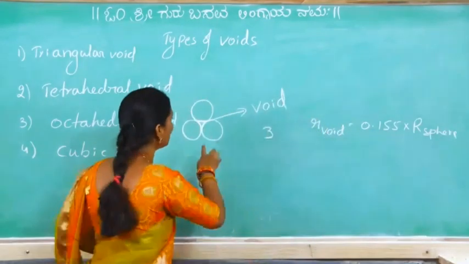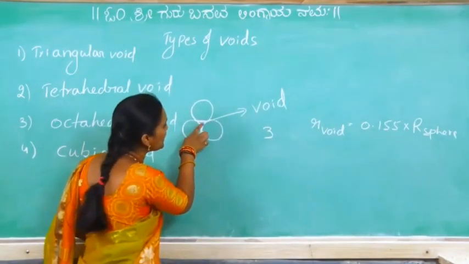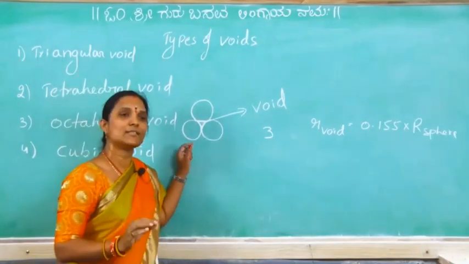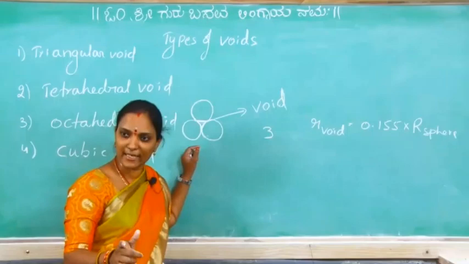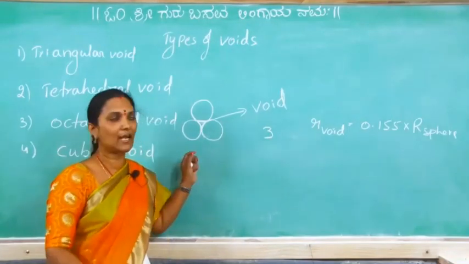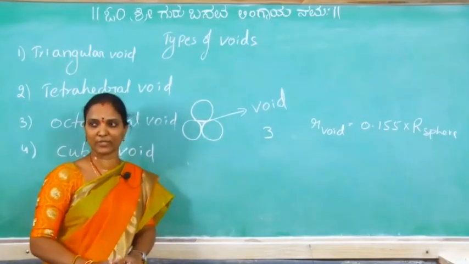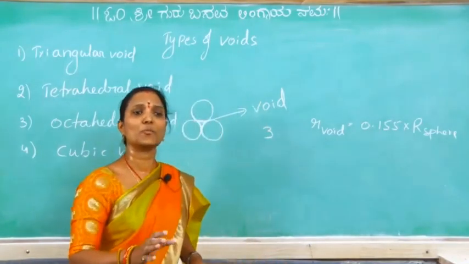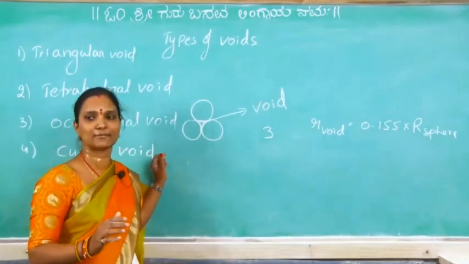They will give the radius of these particles, and if the question is to find the radius of the triangular void, we use this formula: radius of triangular void is 0.155 times the radius of the sphere.